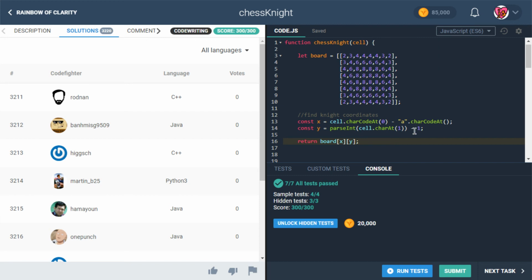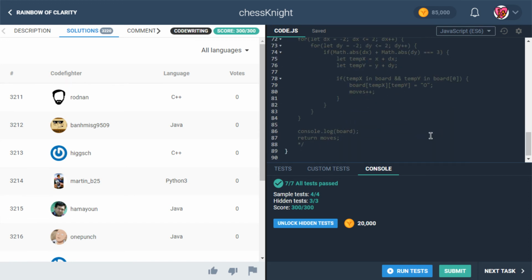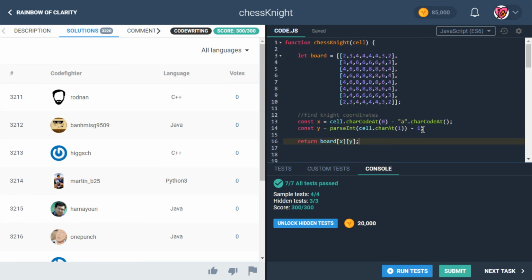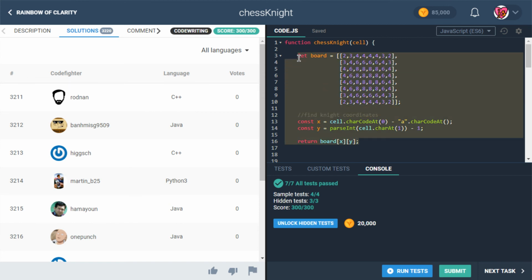I don't think there's much point in doing that. It's not a huge thing anyway. It's not going to change size. It's always going to be like this. So yeah, I think ultimately these are all constant time algorithms. I don't think the length of the algorithm is going to depend on the location of our knight, the cell here. So they're all constant time, but yeah, this one's nice and compact.